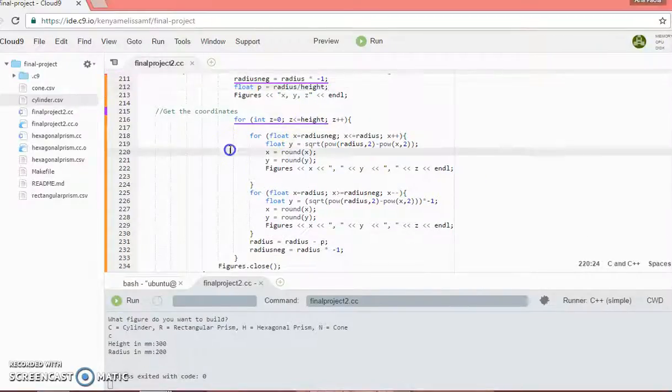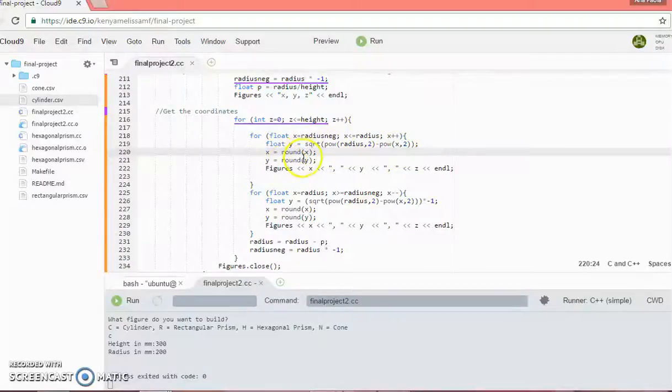So we leave the variable z until the end, which determines the height, and we start with the x radius, and we know that in a cone the base is a circle, and so what we're going to do is use the same formula as we did with the cylinder, which is y equals the square root of radius squared minus x squared.